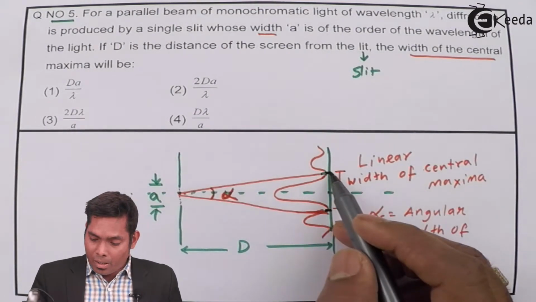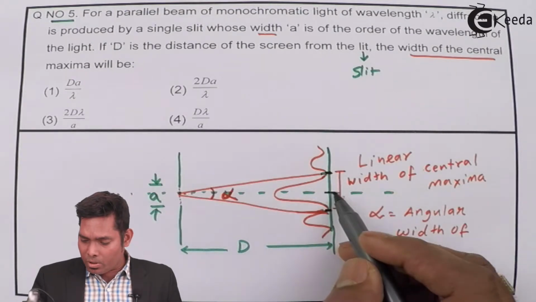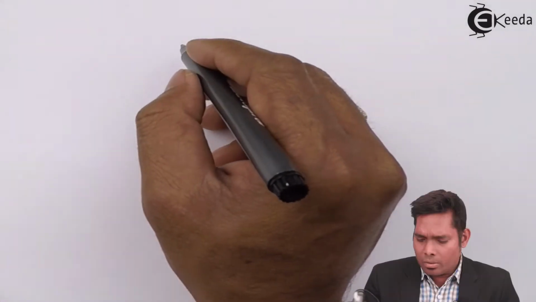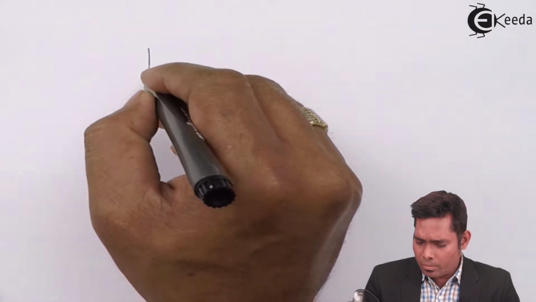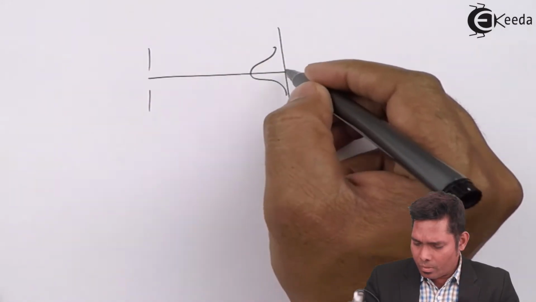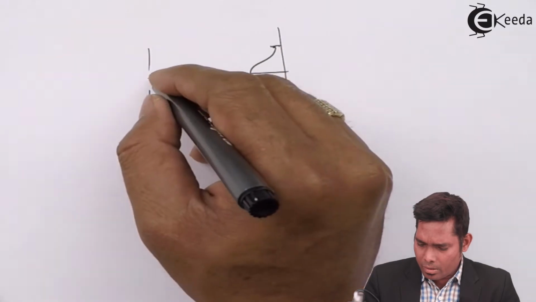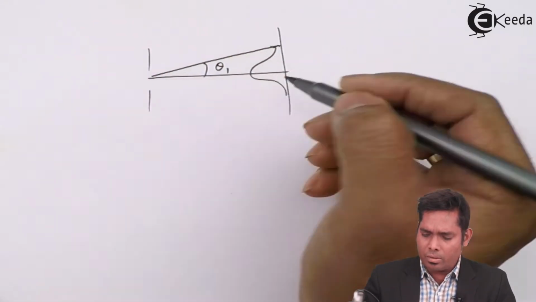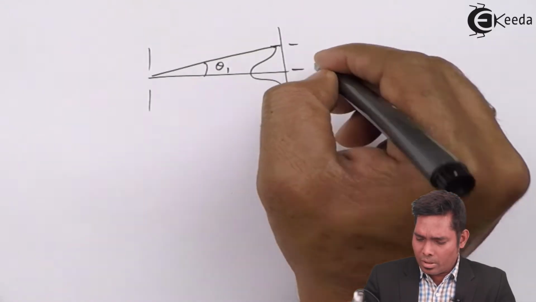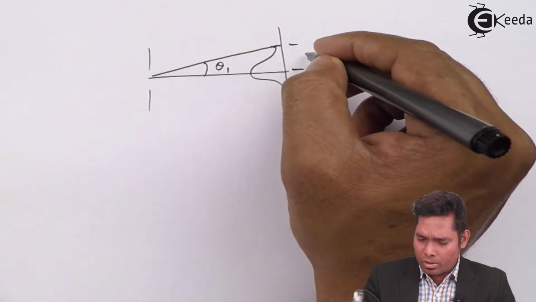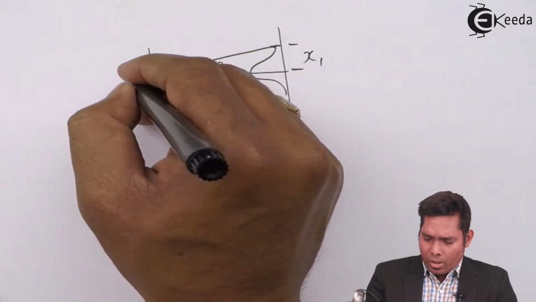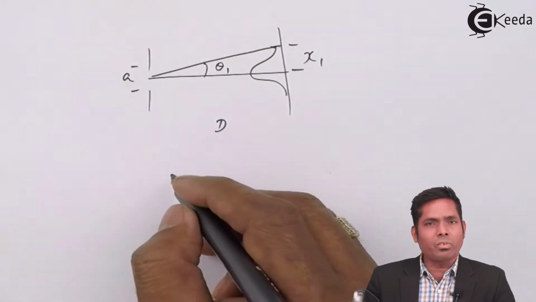Call the position of the first minima from the center x1. This angle is theta 1, this length is x1, this is D and this is the width A.